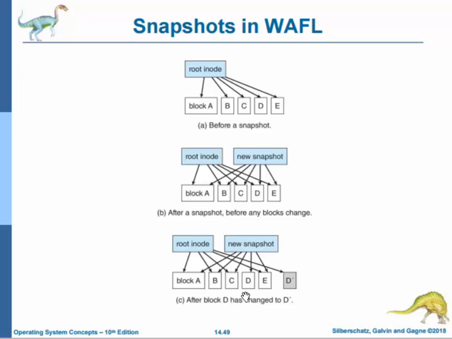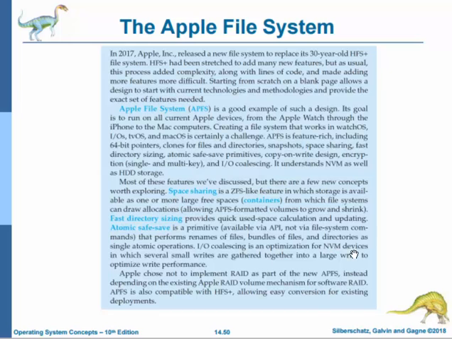Now in the third illustration, block D has changed. There are no other changes, but D is now different from the original D because it has a prime, indicating that a change happened on block D. Alright?